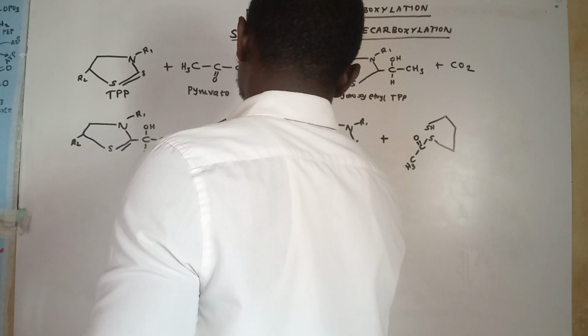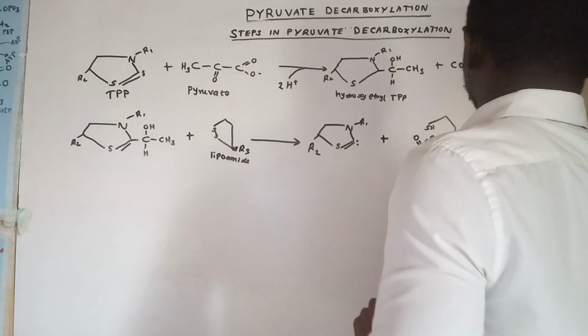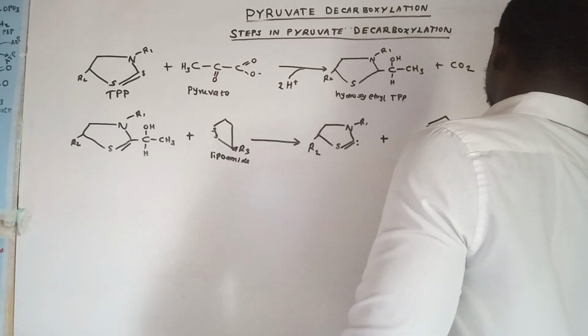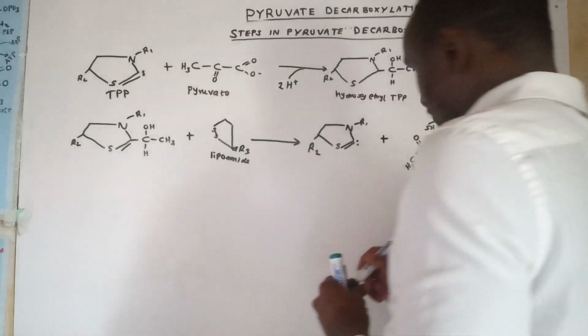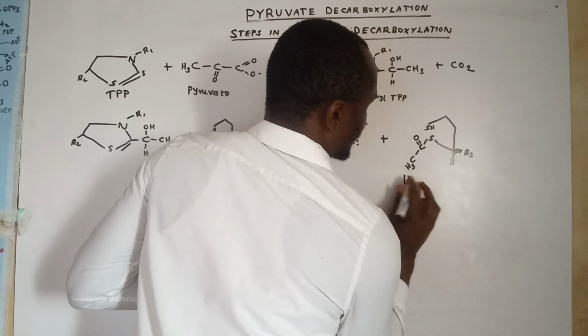So for us, this is our R3, and our hydrogen atom here. And the resulting compound is acetyl lipoamide.